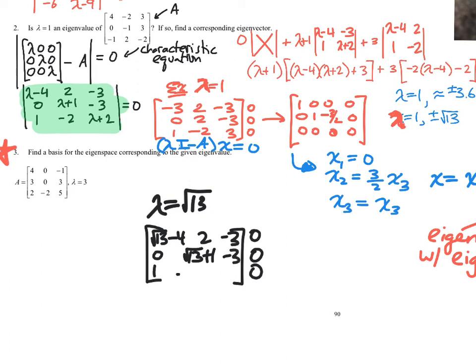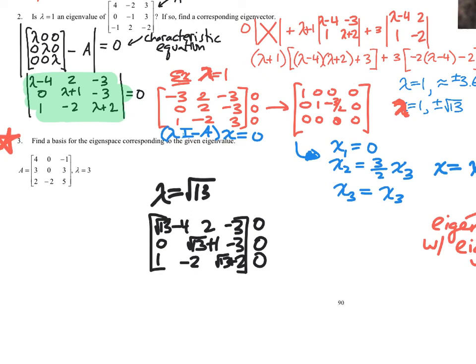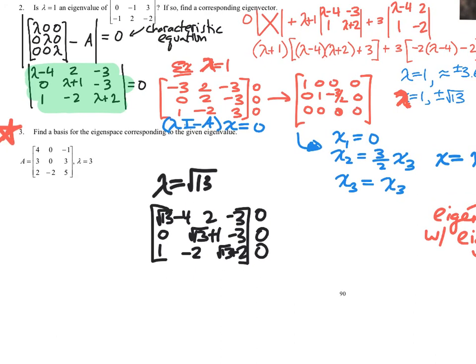Then 1, negative 2, and rad 13 plus 2. All I'm doing is replacing the lambdas along the main diagonal with rad 13. And then when we get around to it, we'll do the same thing with lambda equal to negative rad 13. It's all the same stuff, just with negatives.